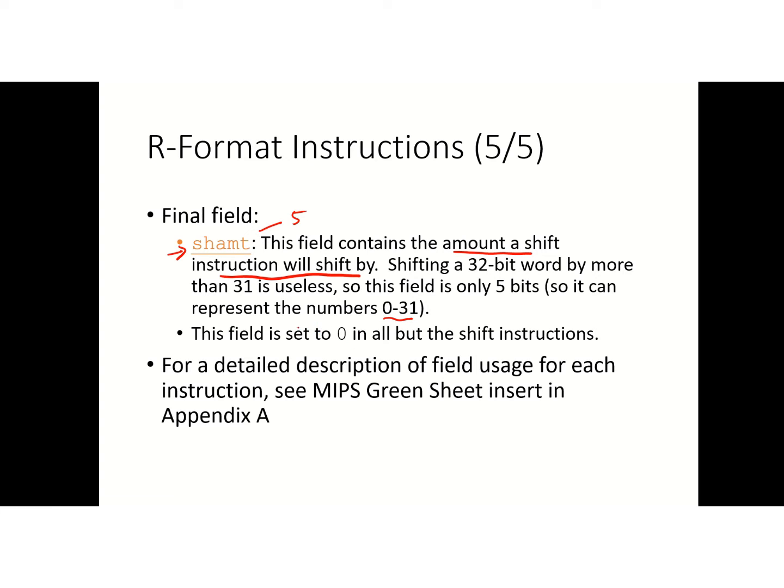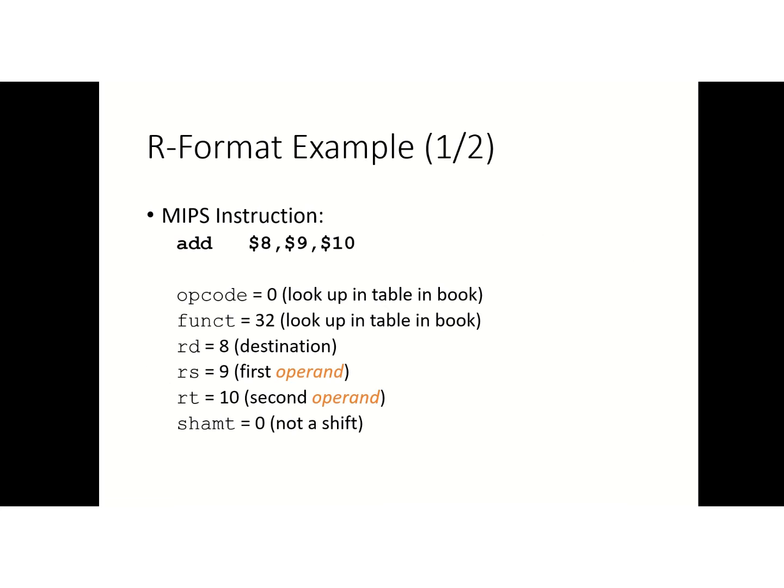For all other arithmetic instructions, they will set it as 0. But if the instruction is a shift instruction, then there will be a value in this shift amount field. This can also be seen in the MIPS green sheet.